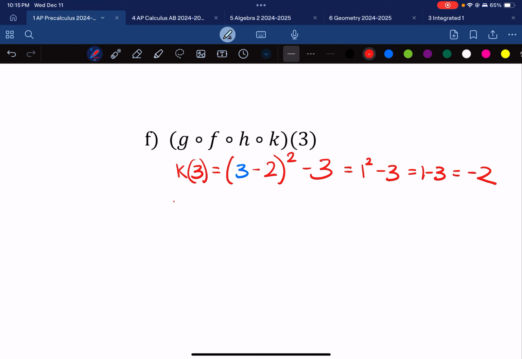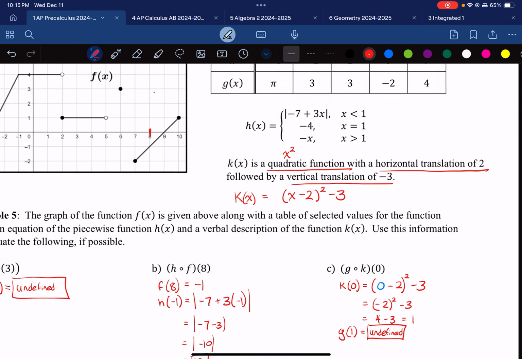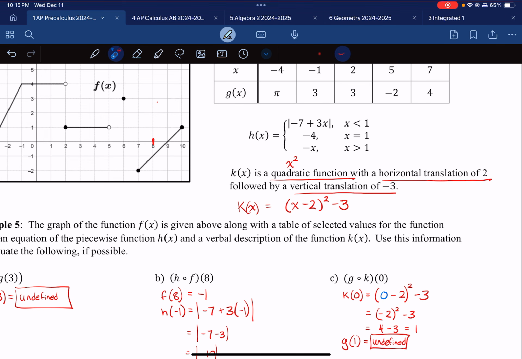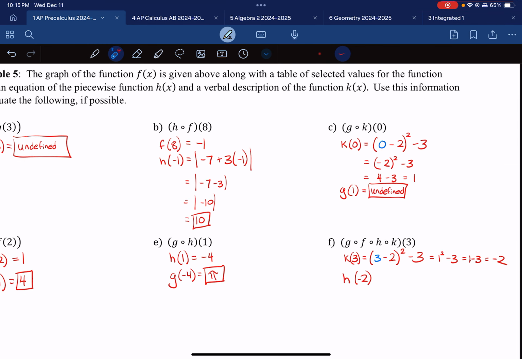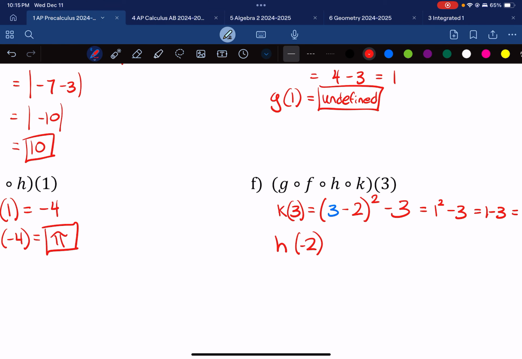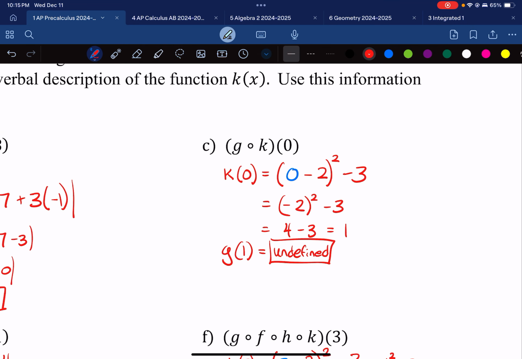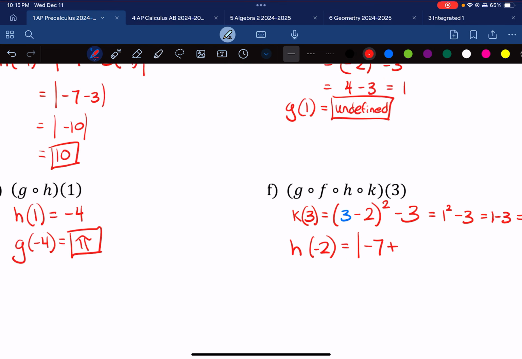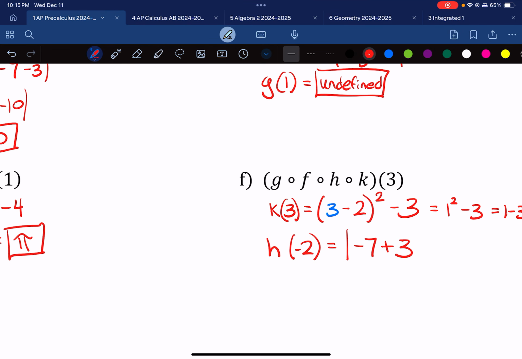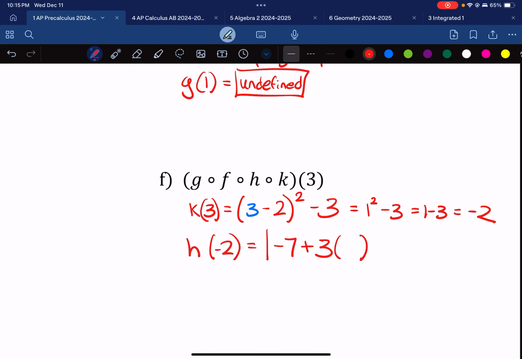So this is H of -2. I'm going to come up here, H of -2. Since -2 is less than 1, I'm going to be plugging into this value right now. So I'm going to rewrite the absolute value of -7 plus 3x, but in the place of an x, I'm going to leave a blank space. This is going to be equal to the absolute value of -7 plus 3x, and there's my x value in the absolute value.